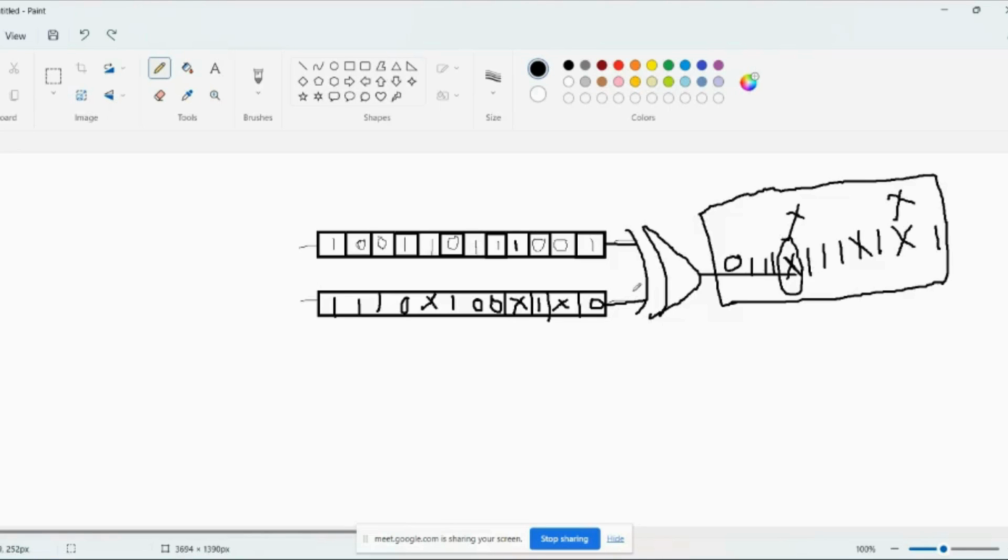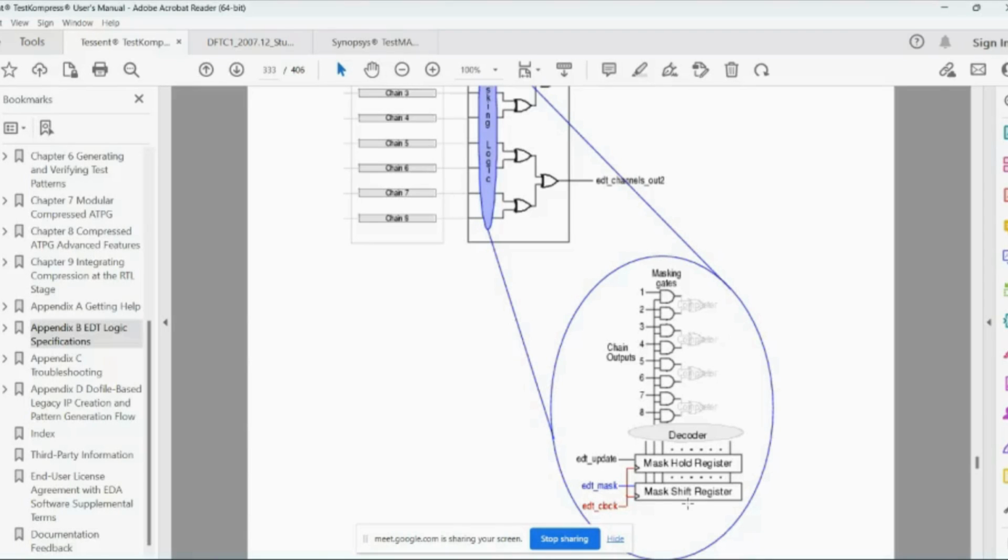For example, if there is an X propagation, depending on the other input value, this value will be programmed by the masking decoder and this hold register and a mask shift register. This entire mechanism will program the other input of the AND gate. Is it clear?